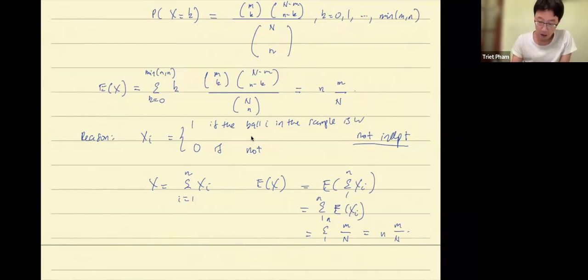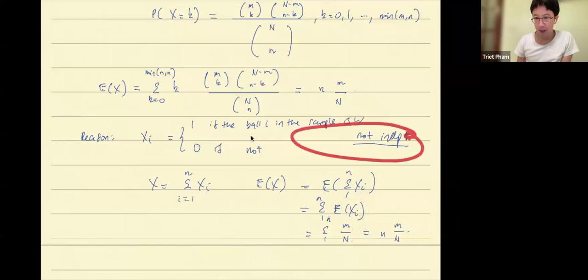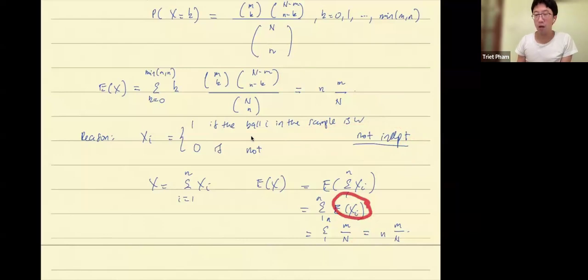One thing that might not be easy to digest for folks new to this argument is they find it hard to transition from this to m over n for any i, because probably they recognize that these guys are not independent. However, you should think about this more carefully if you want to understand this argument. Here, when we look at expectation of xi, we are looking at it only, without any information on how the other balls come out.